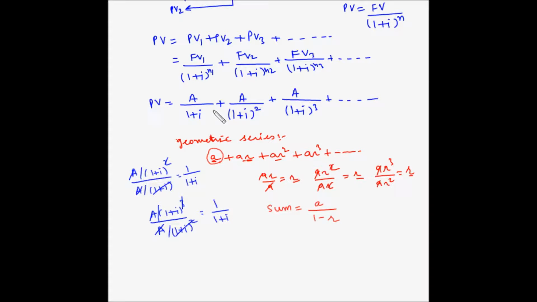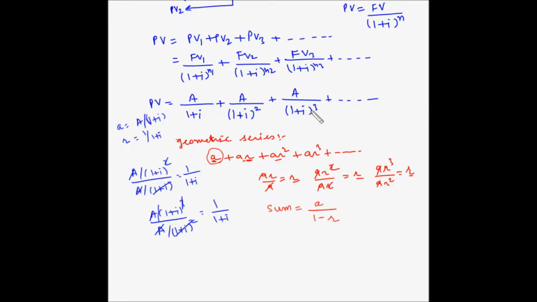So for the present value of perpetuity, let's identify what is a and what is r. So a is the beginning number, which is A divided by 1 plus I, and r is the ratio, which is 1 divided by 1 plus I.